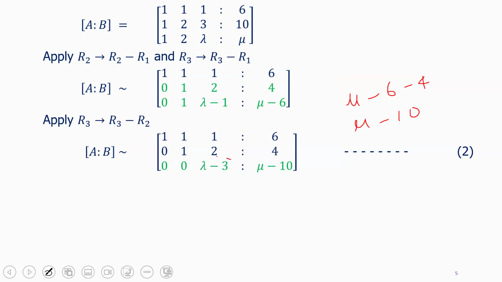And this is a33. Since there is no element below a33, this is the echelon form of the given matrix.